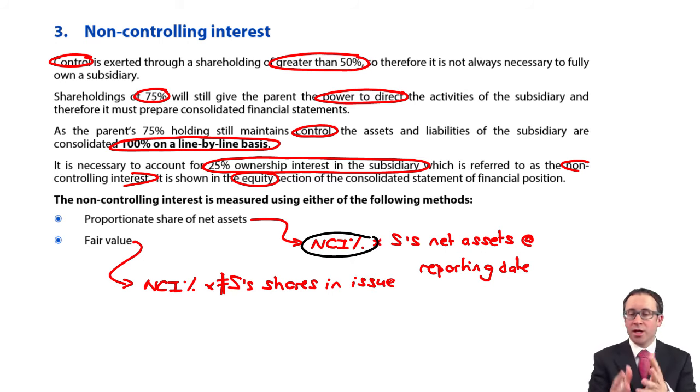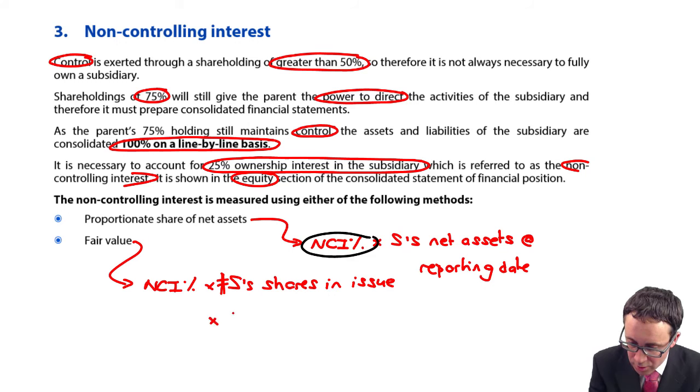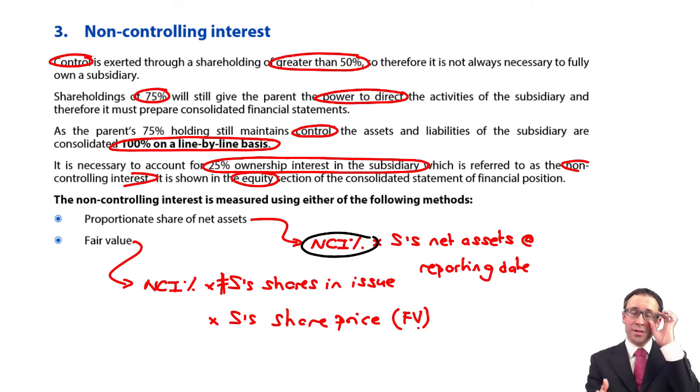Okay, so if there's 1,000,000 shares, your non-controlling interest percentage of those 1,000,000 shares. So if it's 20%, 200,000, 25%, 250,000, then what you do is you then multiply by the share price of the subsidiary. So by S's share price, because that effectively is the fair value, isn't it?